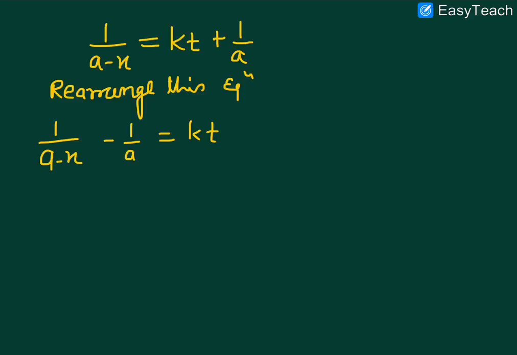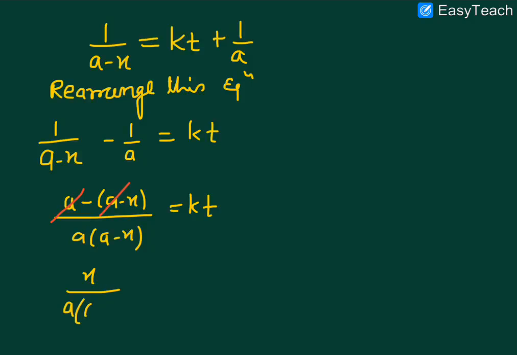The LCM is a into a minus x, then cancel out a minus x from a minus x, then remaining is a minus, minus x, is equal to kt. Then a cancels out from a, and minus minus plus, so the final equation is x upon a into a minus x is equal to kt.